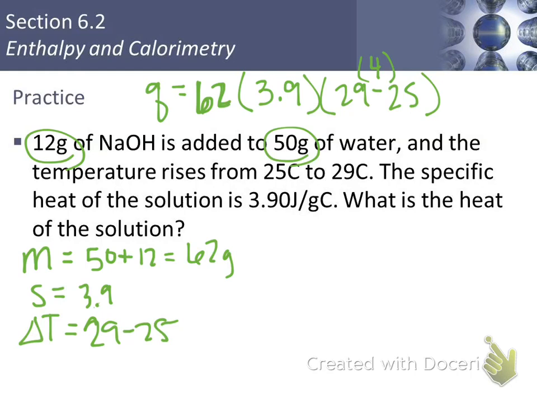I just kind of do it all in one thing. But that's totally up to you. So 62 times 3.9 times 4 gives us 967.2 joules. And should it be positive or negative? Positive, right? Because we're heating up.